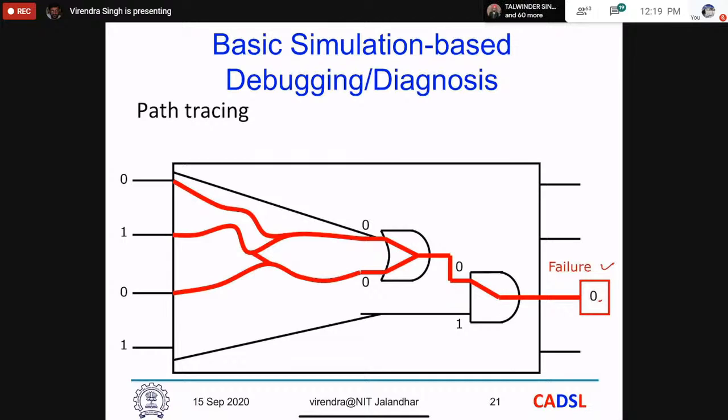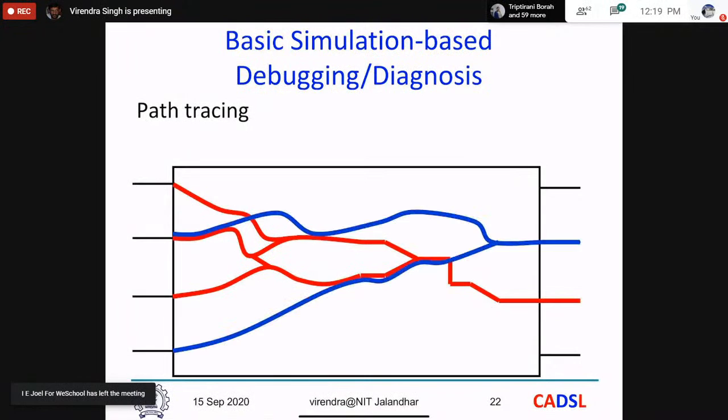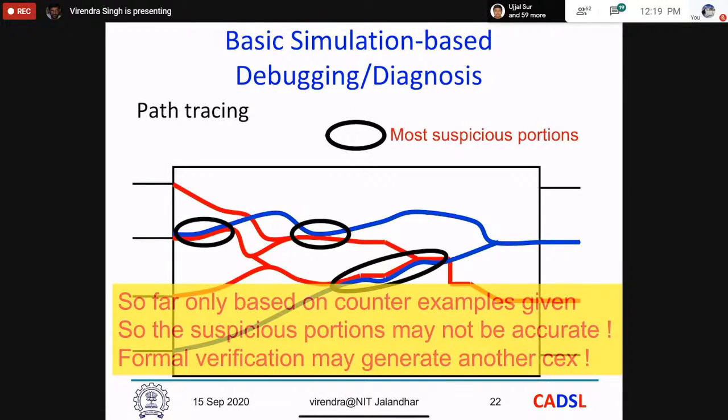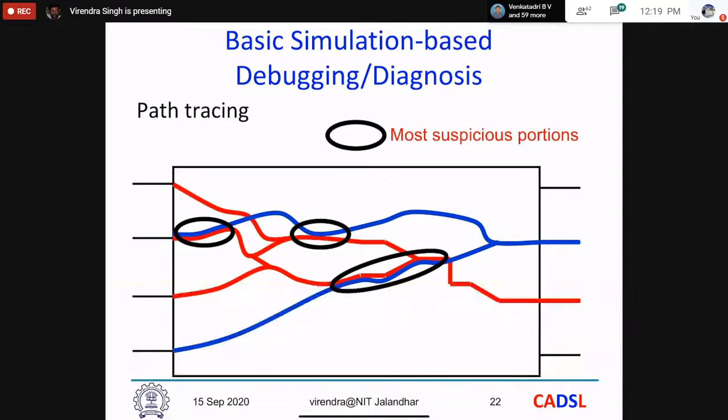I trace the path that for this input this is how it is propagating to the primary output. I take another case which again gives me the wrong output. This is another path, and now you can see that wherever it is failing here and wherever it is failing here, I can say that these are the suspicious candidates.